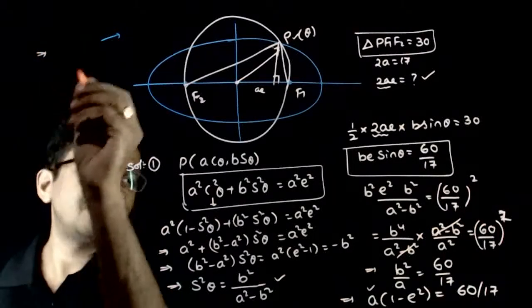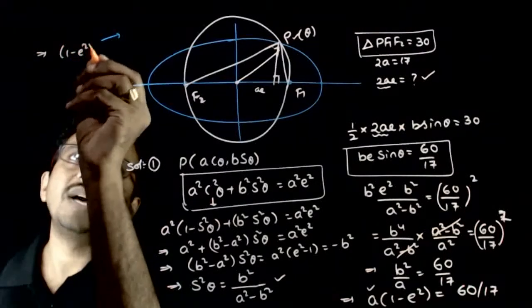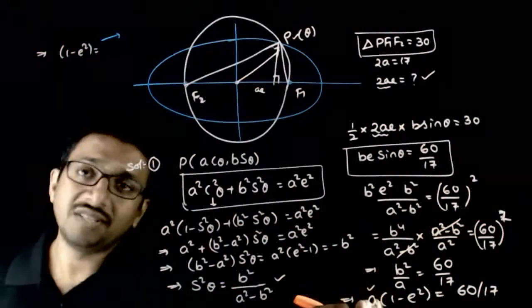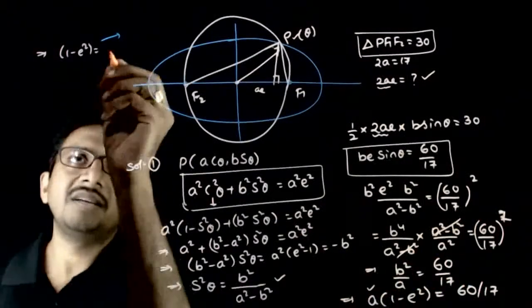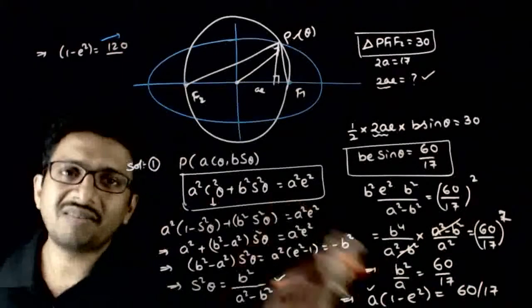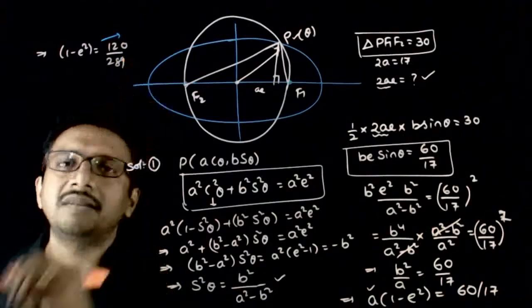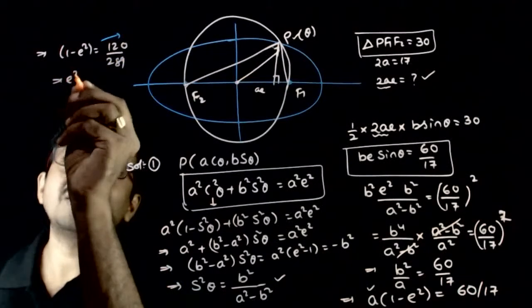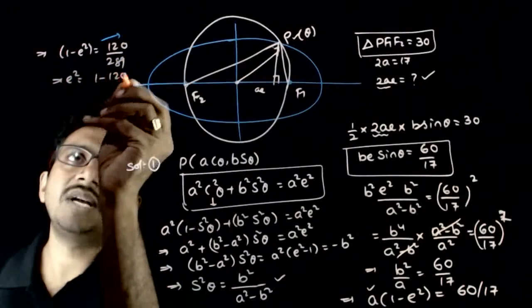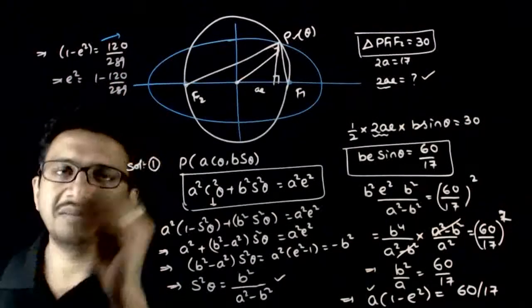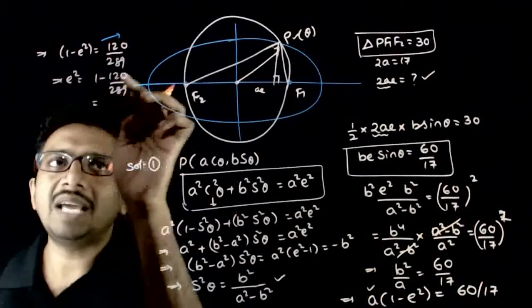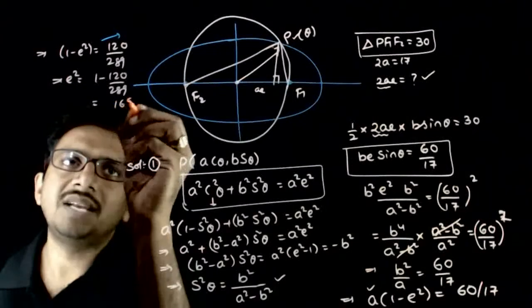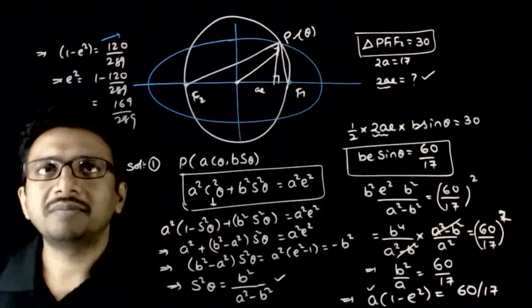So this implies 1 minus E square is equal to 120 by 17 square, which is 289. This implies E square is equal to 1 minus 120 by 289, that is 289 minus 120, 169 by 289.